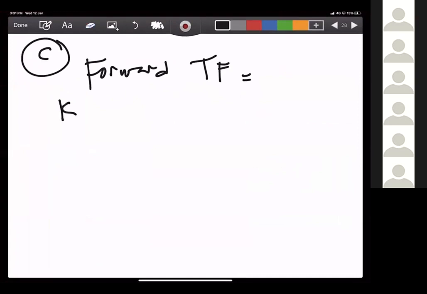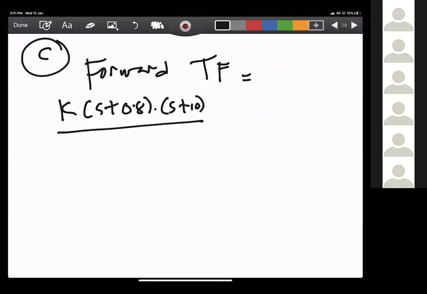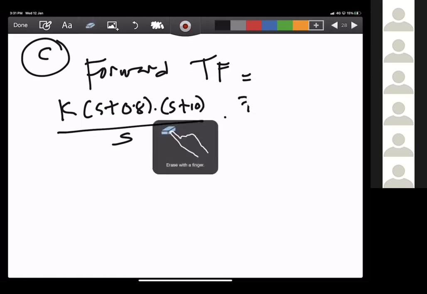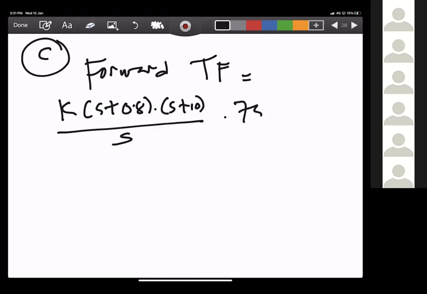K S plus 0.8 S plus 10 over S over S. Multiply 7,500. Over S plus 60 S minus 60.